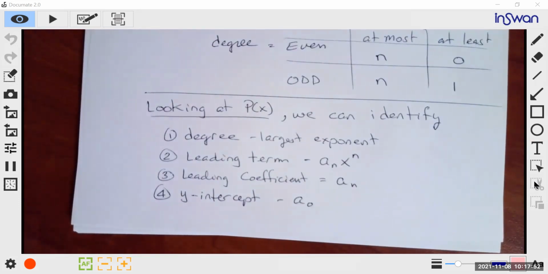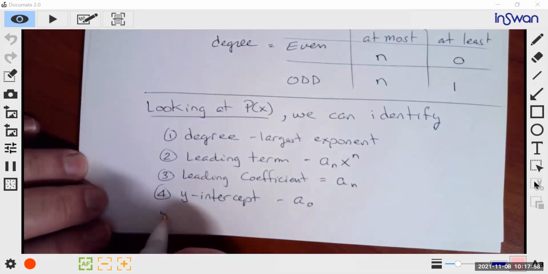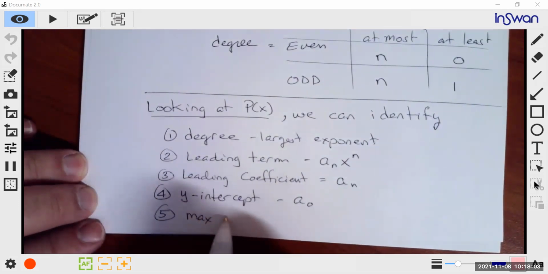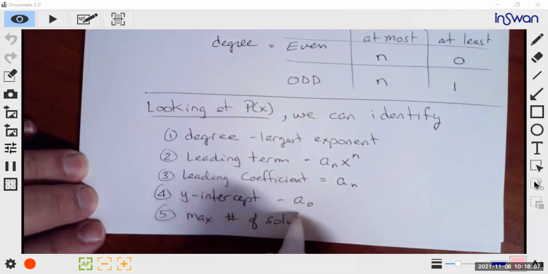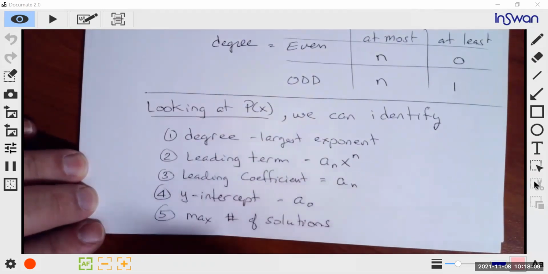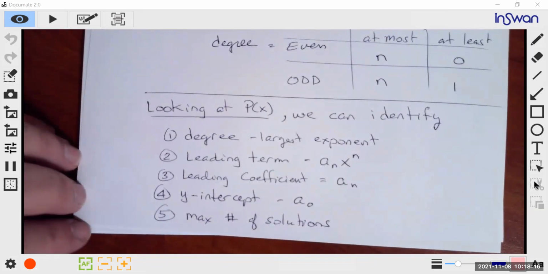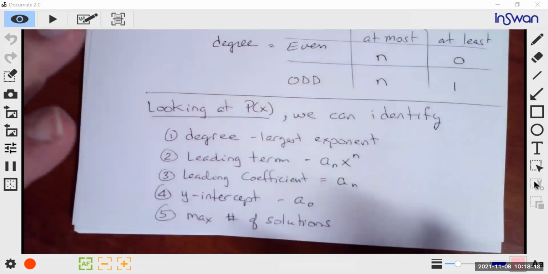We can find the y-intercept. Maximum number of solutions. So that's just by looking at it.